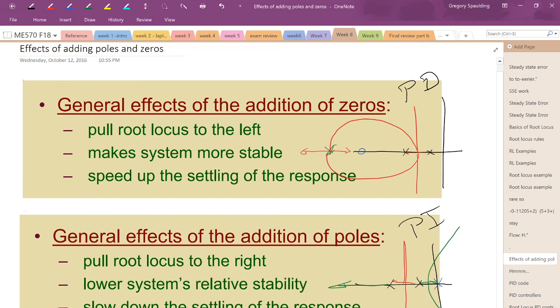And one thing that they don't talk about here is the reduction of the steady state error, reducing or eliminating steady state error. So claims to fame: the PD is speeding it up, making it more stable. The PI is reducing steady state error, but it comes at a price with stability.